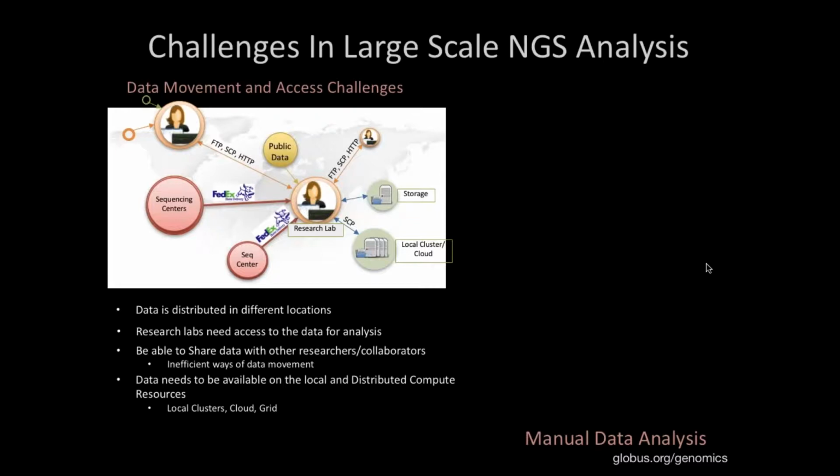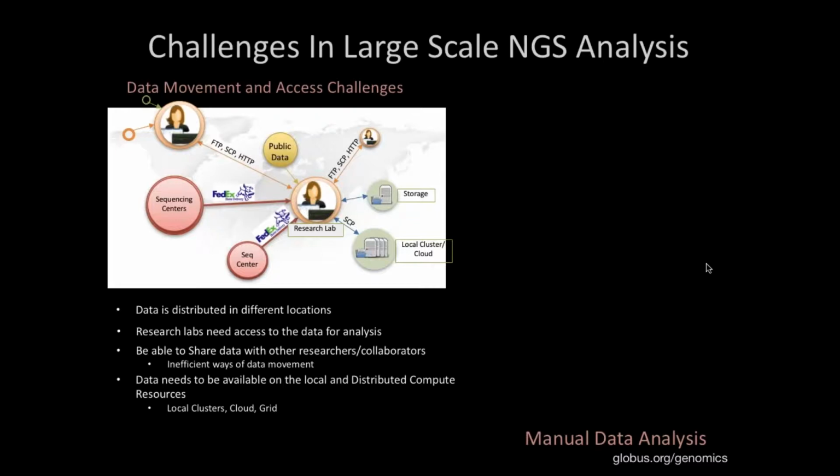We've noticed that researchers often have two sets of challenges. One set is in the area of data movement and access, which we broadly classify under data management, and another set is on the analysis side. If you look at the challenges in data management, especially in genomics and other scientific domains, the data that researchers are using or want to use is distributed geographically.